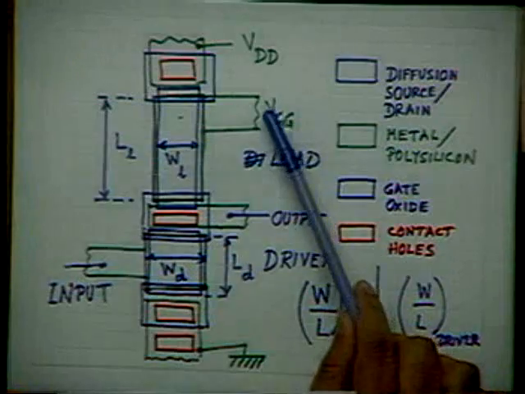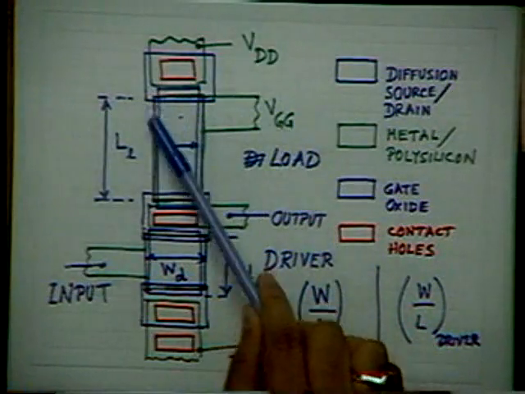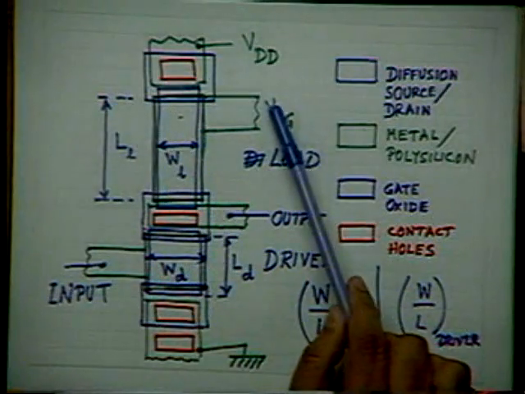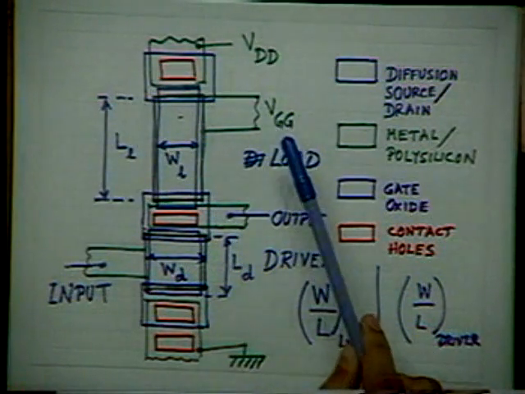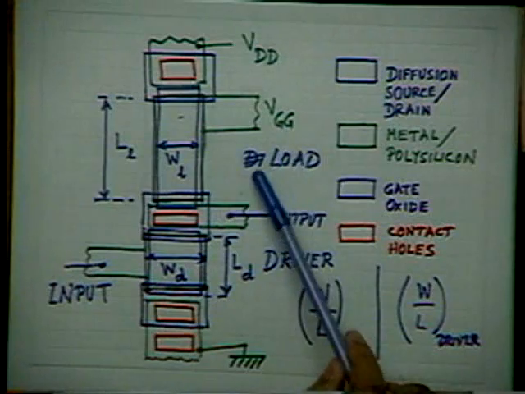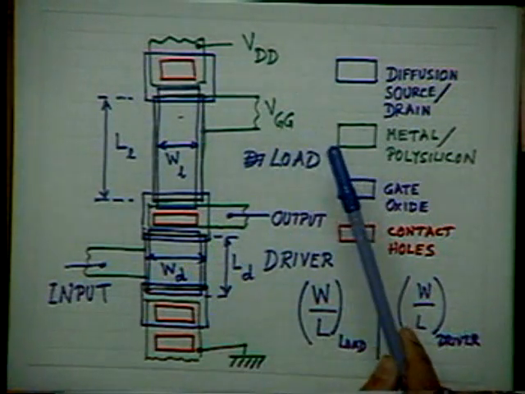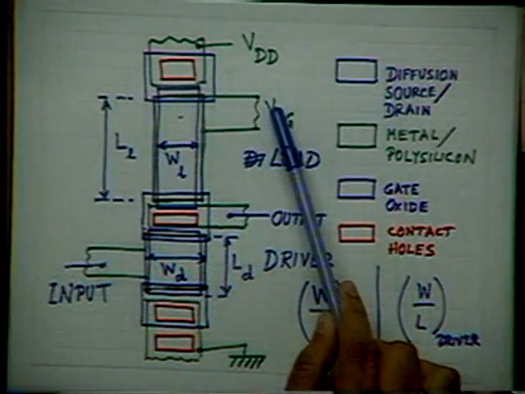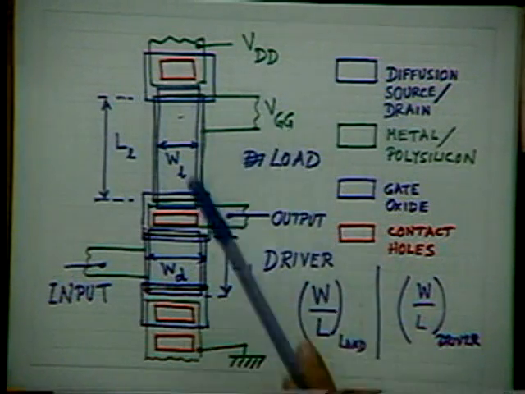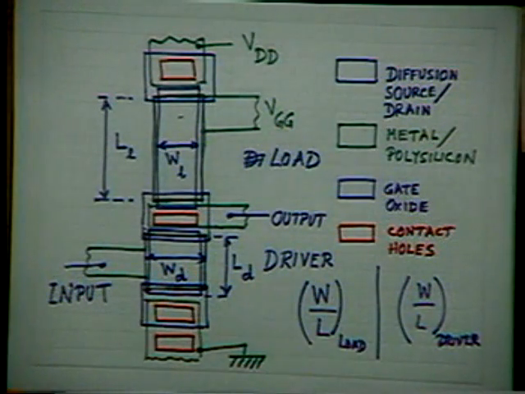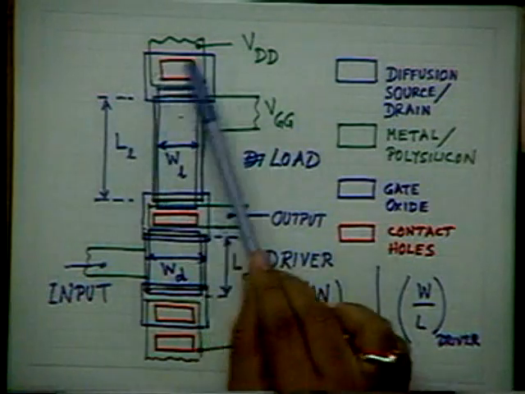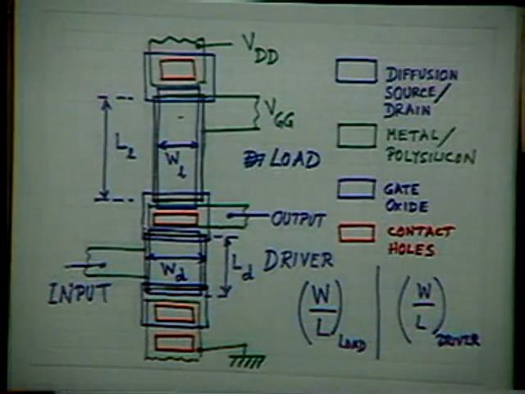You remember that, okay? So again, for the operation of the inverter with the load transistor in the triode region, I have to apply a separate VGG, and one can show, as we shall discuss gradually, that the geometry is a very important parameter in that case. I'll be discussing those related things afterward.